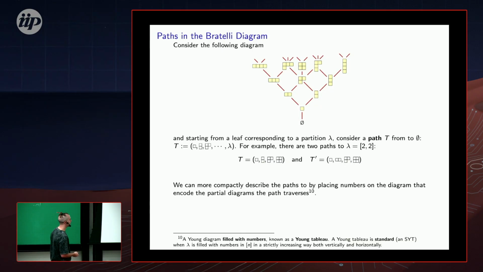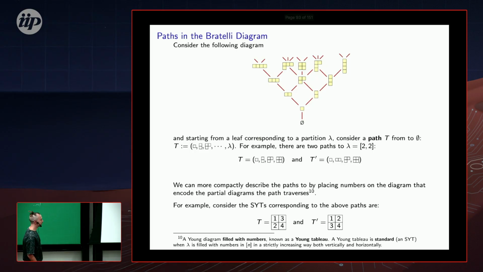Paths can also be described by placing numbers on the resulting leaf partition. The number is just saying, at each instance, what the instantaneous tableau is for a partition.